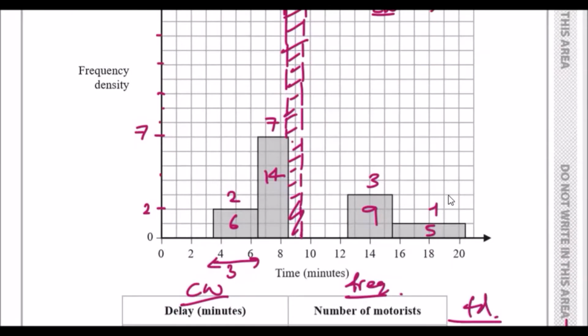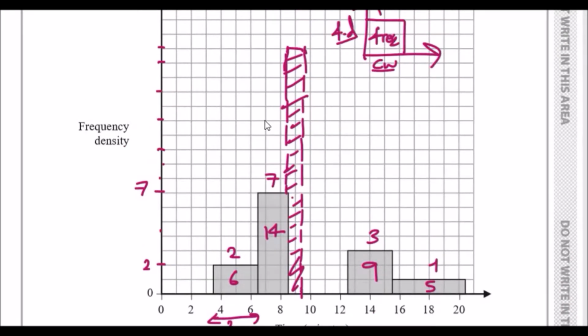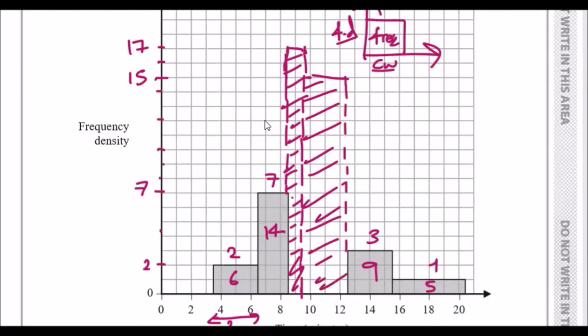The width is 3, so it's from here to here, and a height of 15, which is about here. So let me label this 15, and this was 17. And that's it, guys. I think this is done. Just draw your shape and then label it. That's it.